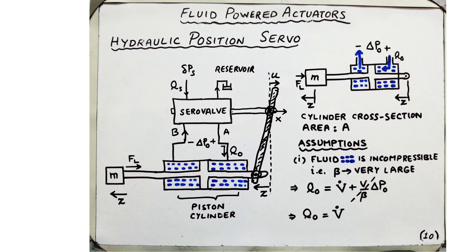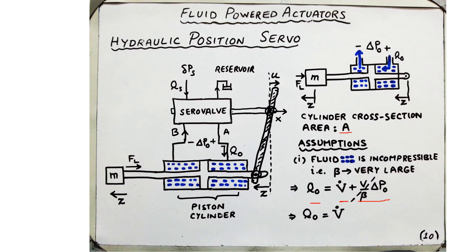With the remaining fluid modeling equation, we note that the cross-section area of the cylinder is capital A, and we're going to utilize some assumptions in writing the expression for the fluid capacitance. The expression we derived in the last lecture said that Q naught, the flow rate, equals the rate of change of fluid volume plus volume divided by bulk modulus times the pressure difference delta P naught.